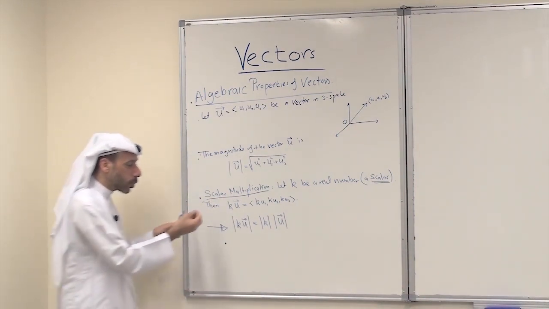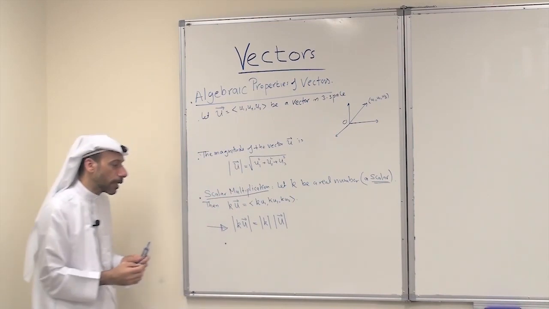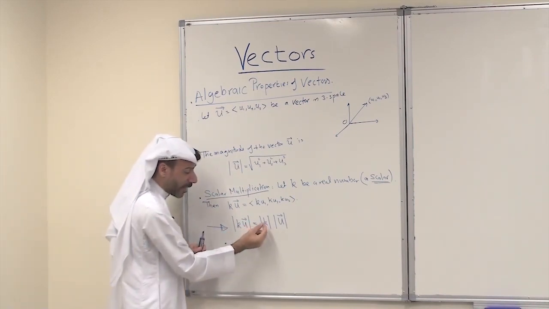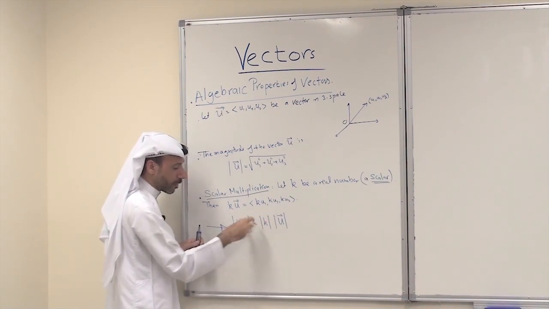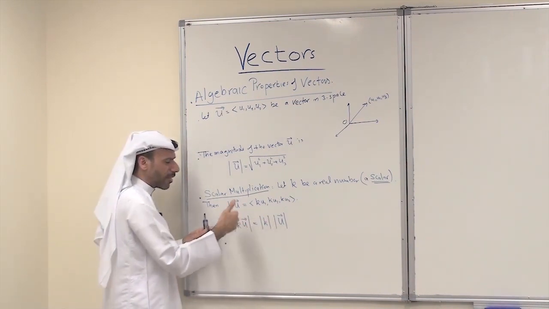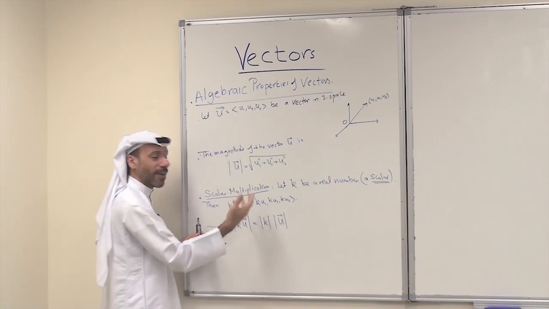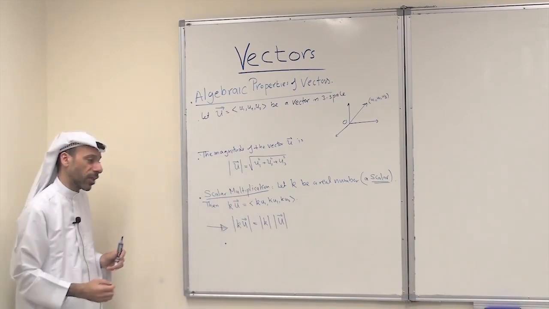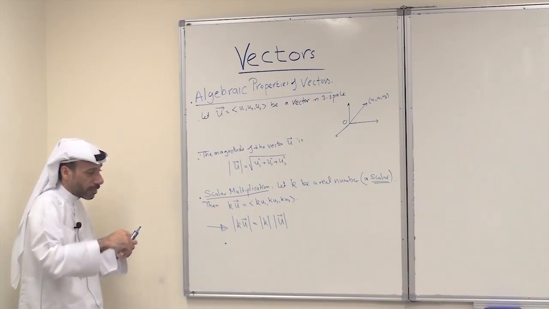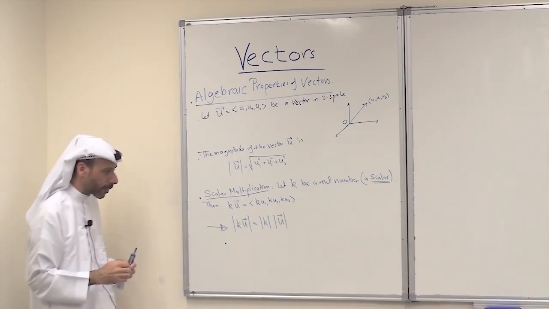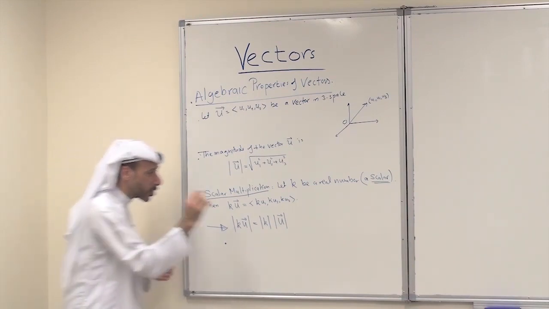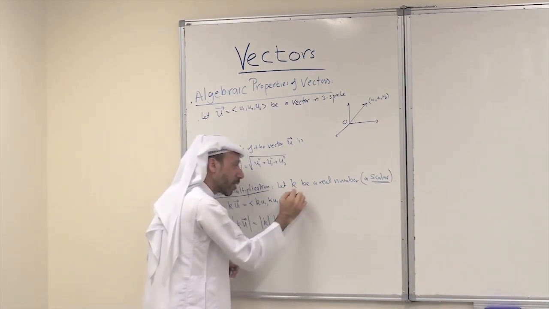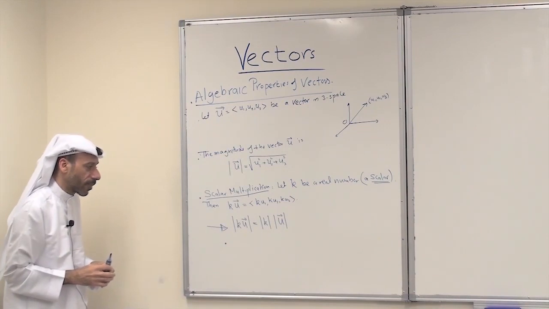So the absolute value of K will change the magnitude. This is why K is called a scalar, because it will scale the original vector, either making it longer or shorter.